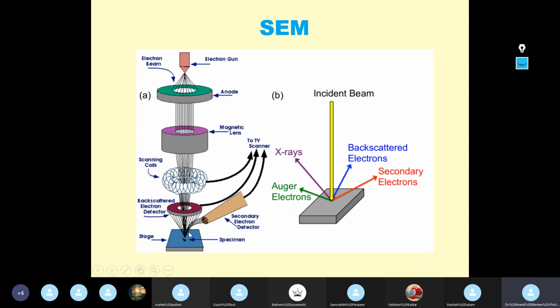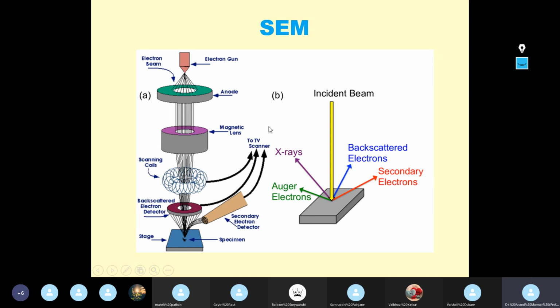Now, when the primary electrons strike the specimen sample, it gives rise to secondary electrons, and these secondary electrons are detected by a positively charged detector. They are amplified and then sent to the cathode ray tube, which can very easily be seen here. This is an electron beam which is striking the specimen sample. Now you can have backscattered electrons, X-rays, other Auger electrons, right?